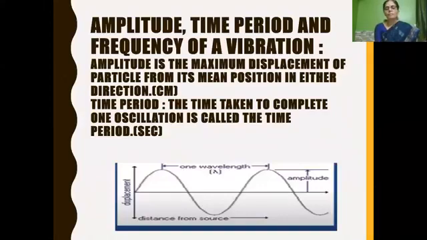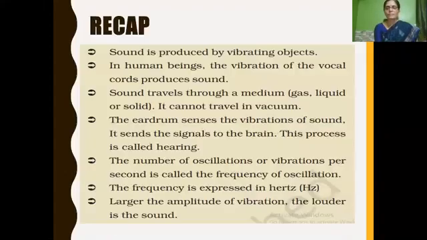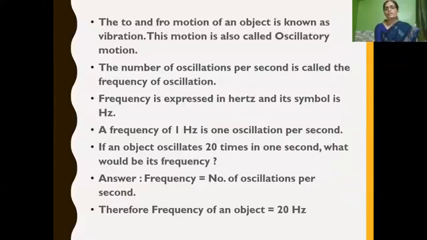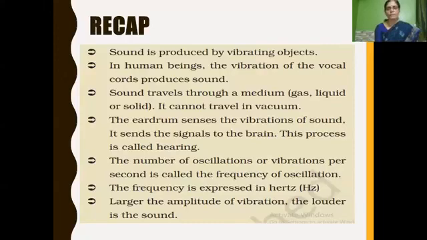Amplitude is the maximum displacement of a particle from its mean position in either direction. And what is frequency? The number of oscillations per second is called frequency of oscillation.